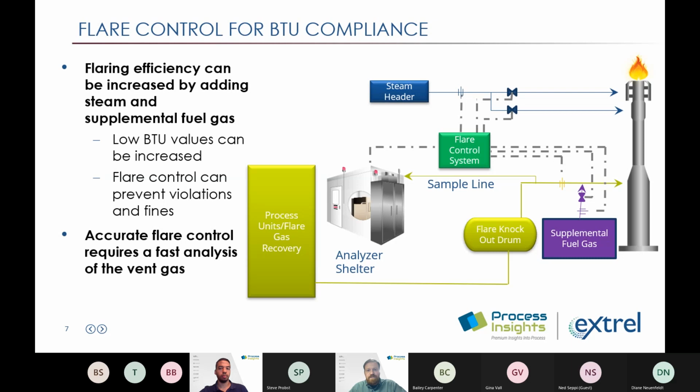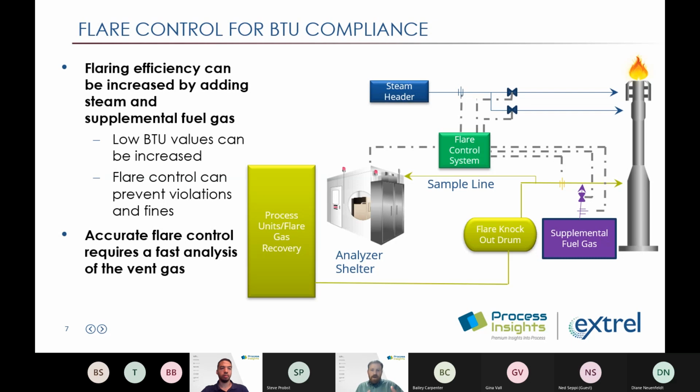So, by maintaining real-time control of that, not only does it increase the safety of your compliance program, making sure that you're less likely to go out of compliance and have to report non-compliant conditions, but these flare control systems are very sophisticated.